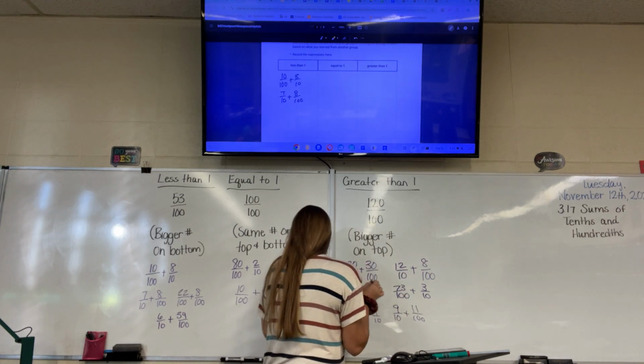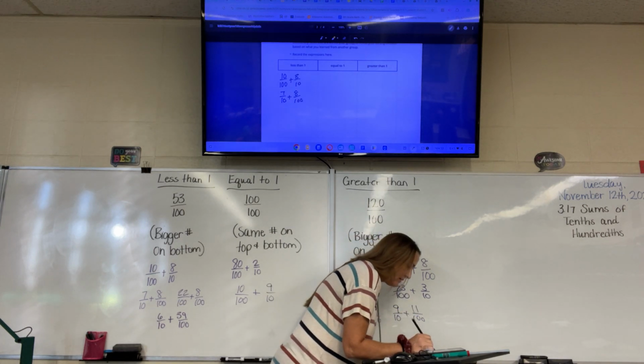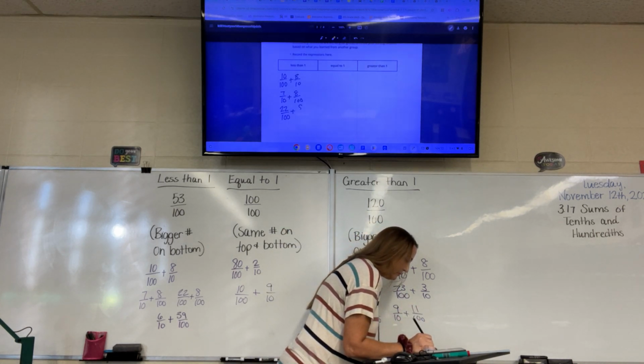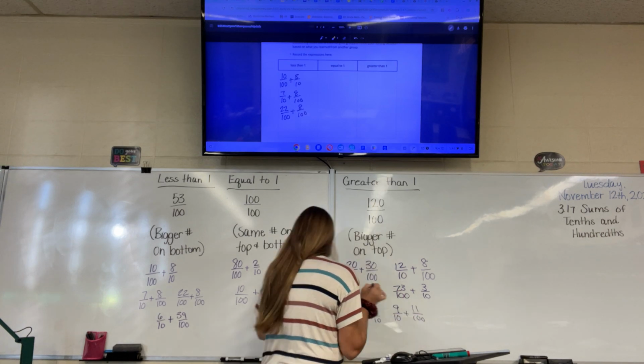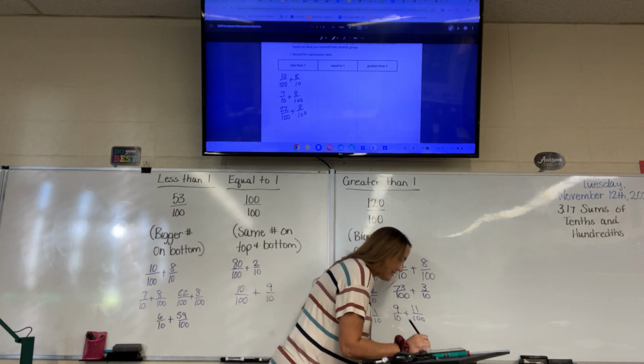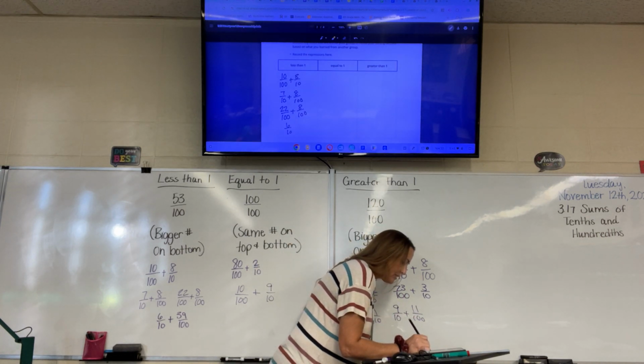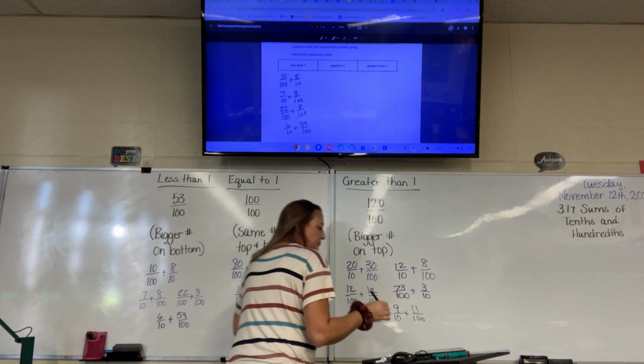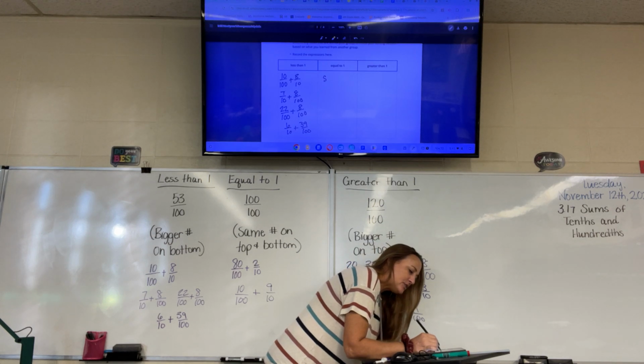And then 22 hundredths plus 8 hundredths. And then the last one in that category is 6 tenths plus 39 hundredths. Okay, equal to, there's just 2 of them. 80 hundredths plus 2 tenths.